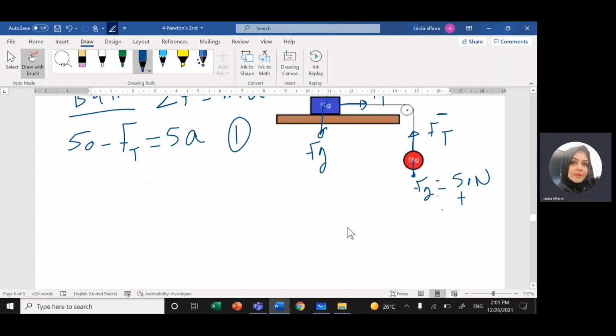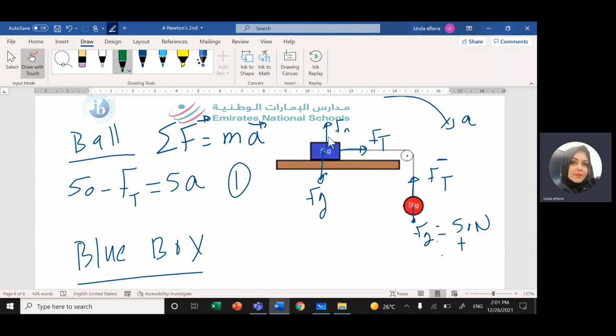Now let's take the small box, the blue box. I have these forces, Fn and Fg, they're balanced and equal, and since we don't have friction, we can ignore the normal force.